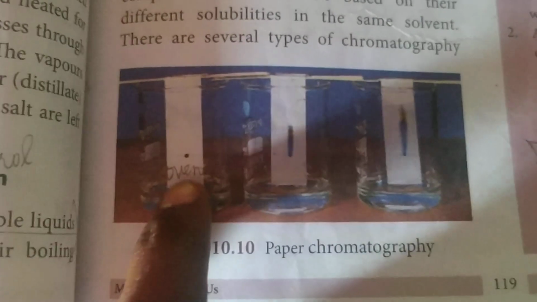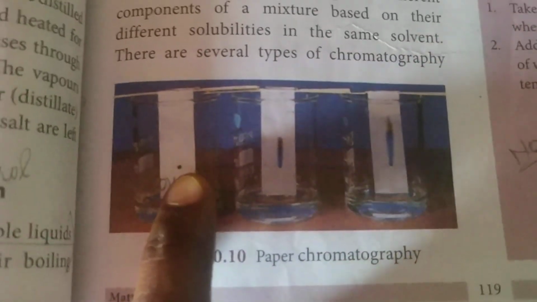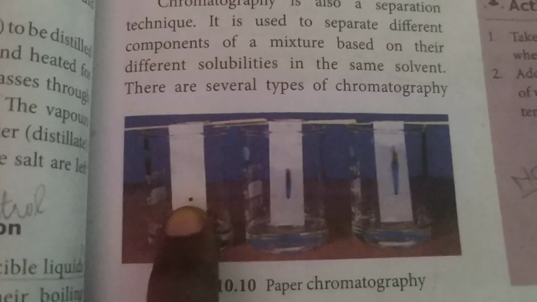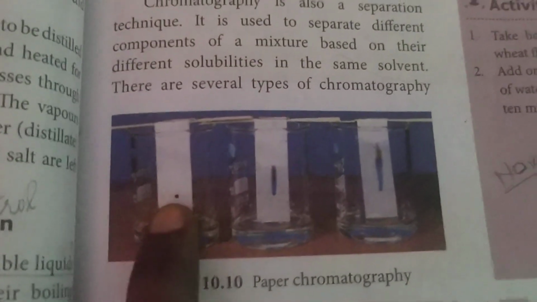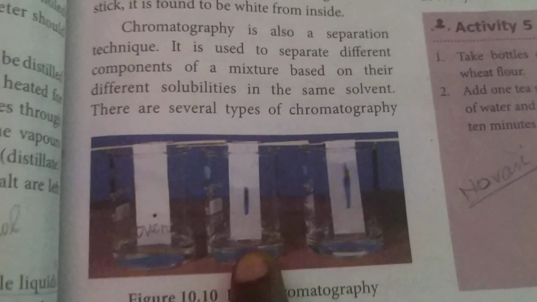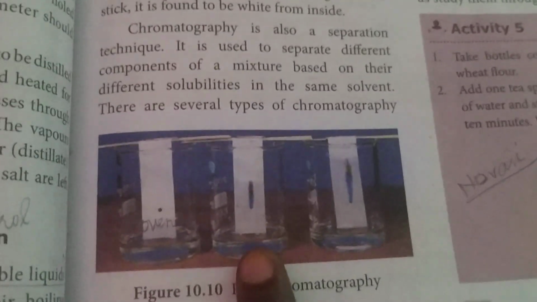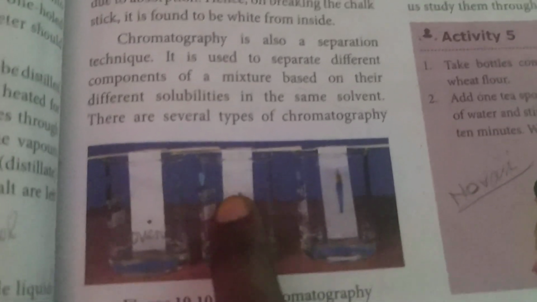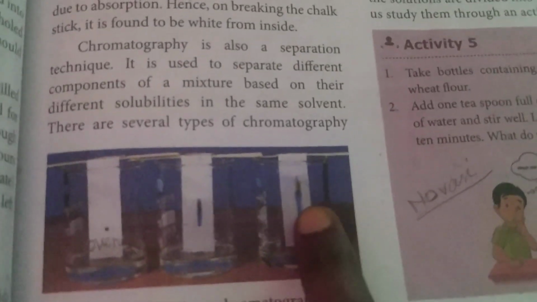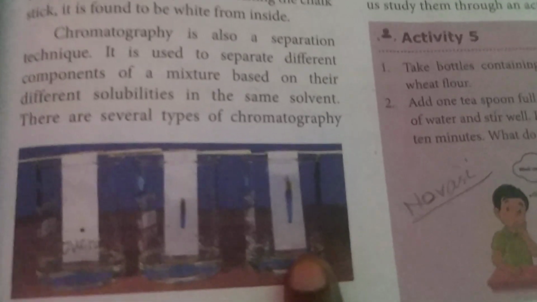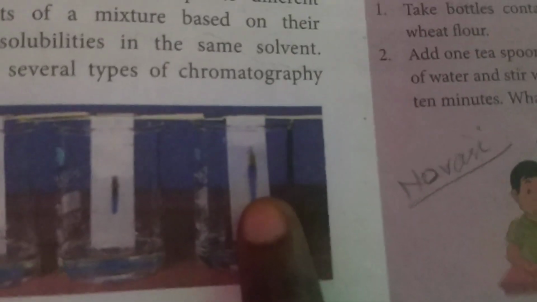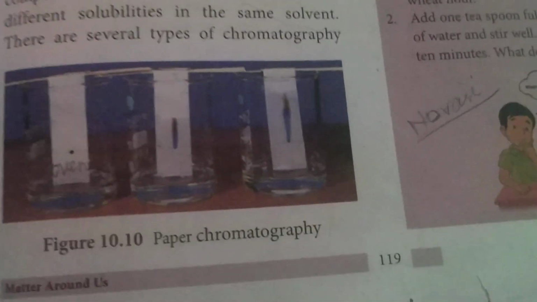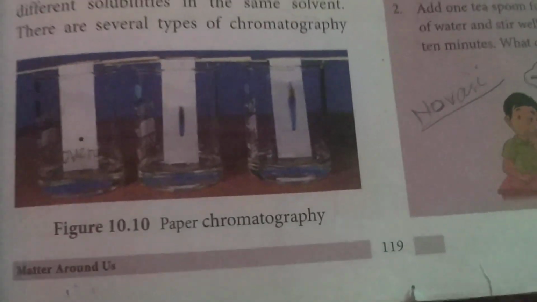Above the paper, about 2 centimeter up, we draw one line, and on this line we keep the solvent. Next class we will take a suitable solvent, so the wetness will increase fully. Then you can see the difference in the colors. That is called paper chromatography.